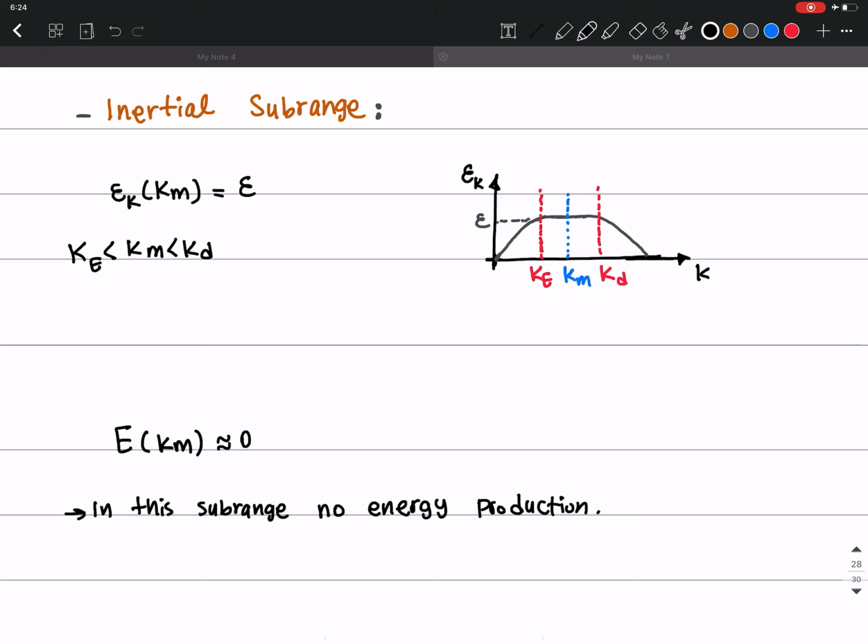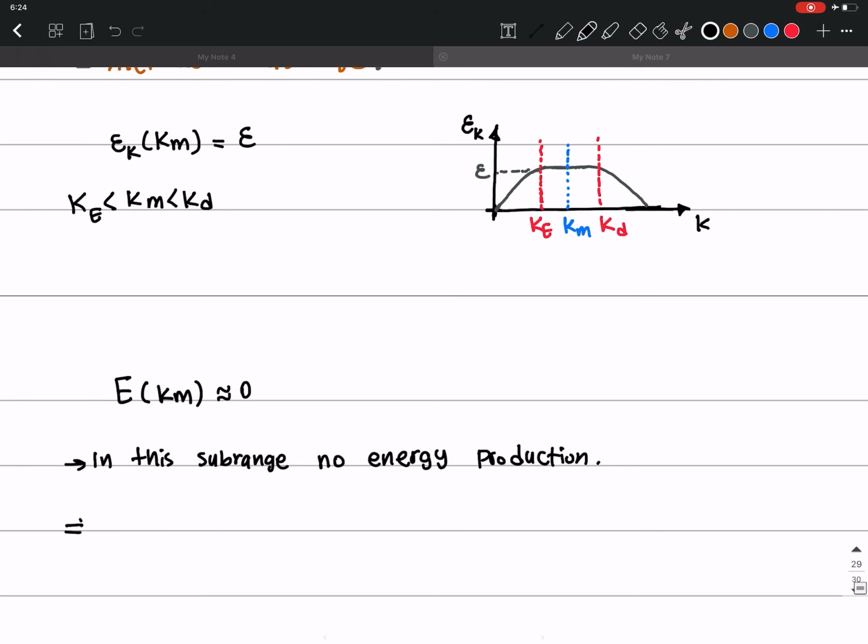What does that mean? This means that U square and L are not important in this range.